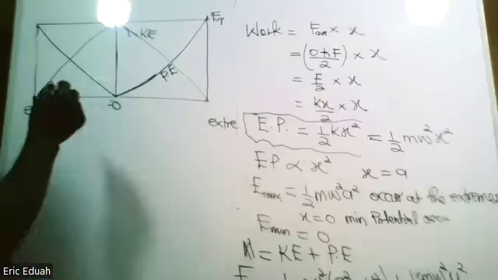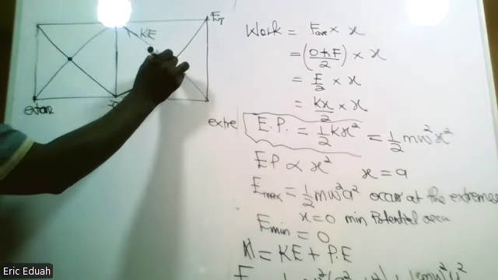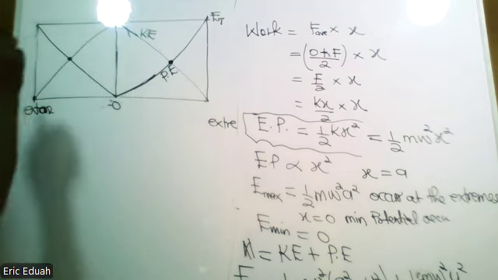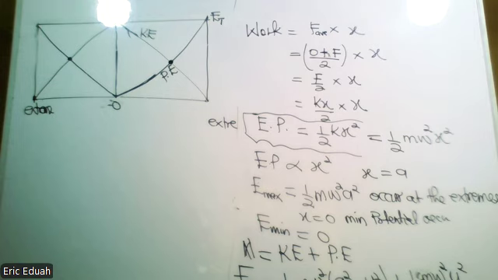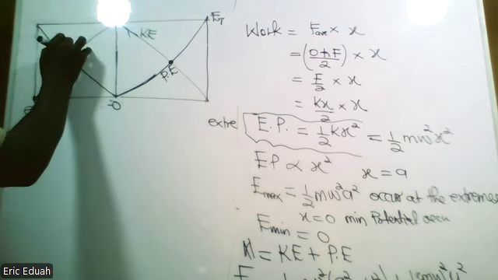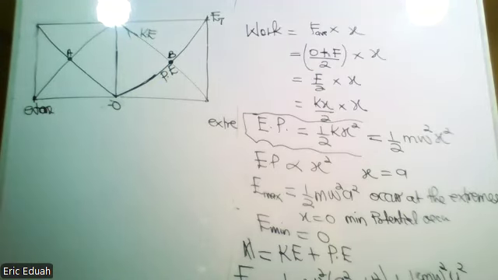Okay, so where the two graphs intersect, meaning at this point, KE and PE are equal. At the intersecting points A and B, PE and KE are the same.